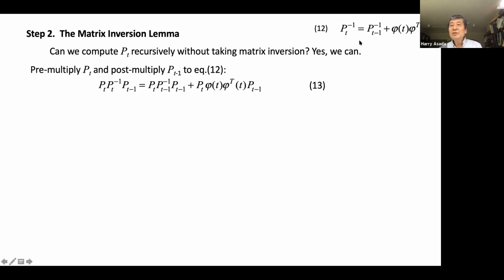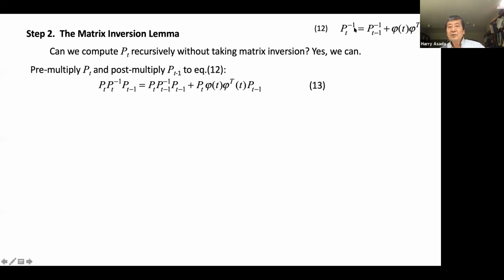So I just wrote the last line, PT inverse. This is actually summation phi phi transpose, right? So now we first pre-multiply PT. Pre-multiply means that the PT is multiplied to this term from the left. And also, post-multiply PT minus 1 to this equation 12.